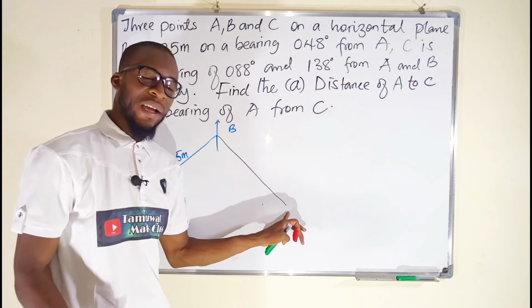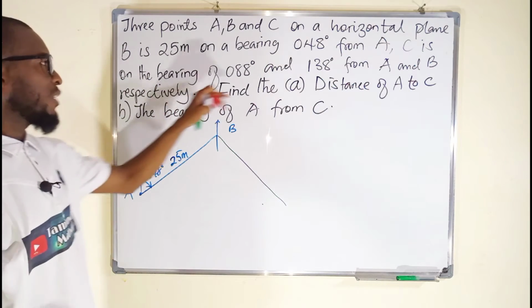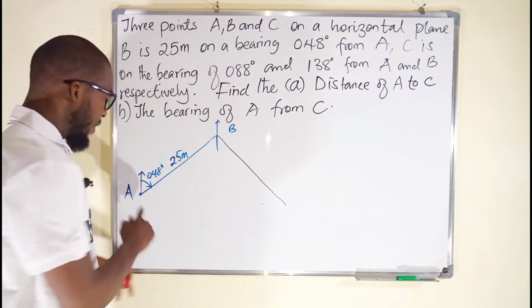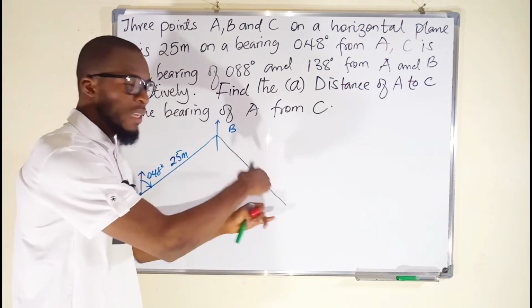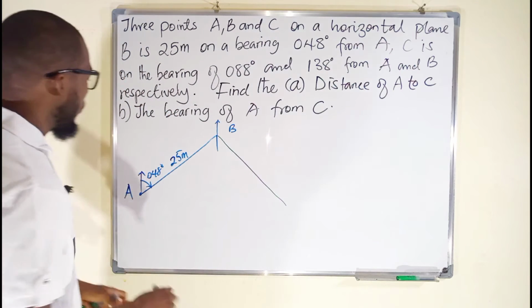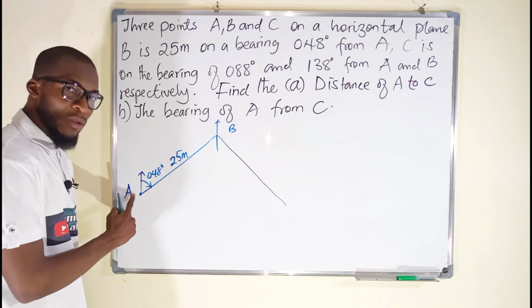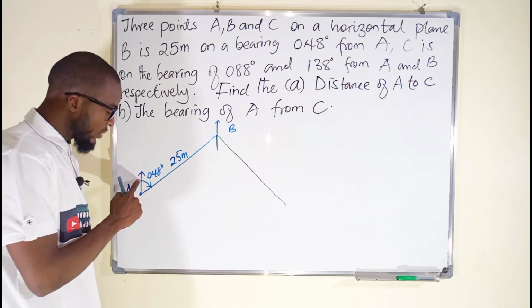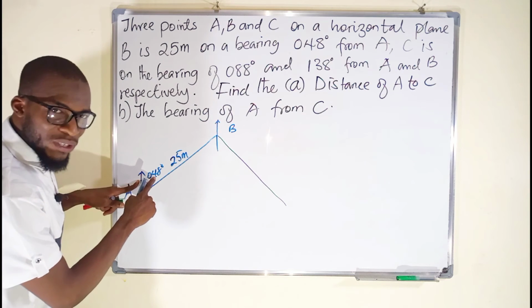We are not going to assign our point yet. We are going to also construct that of 88. The line of intersection between this line and the other one will determine the position of C. We are constructing 88 from A. You know, as always, we are going to start from the north. And you can see from the north, we already have 48.